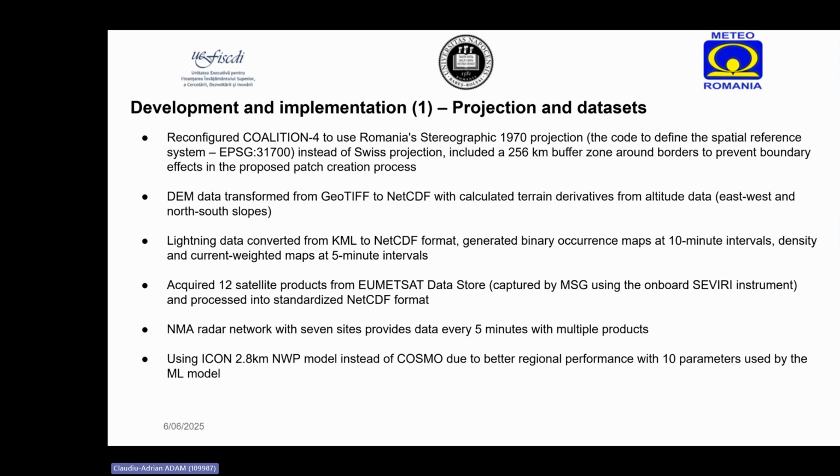This code defines the spatial reference system that is the most fitting for Romania, as we'll use this projection for the coordinate system. We need latitude and longitude values, and this was the most fitting projection.